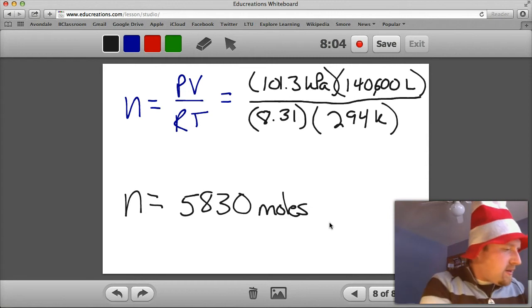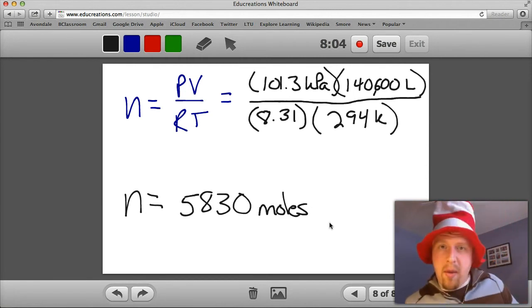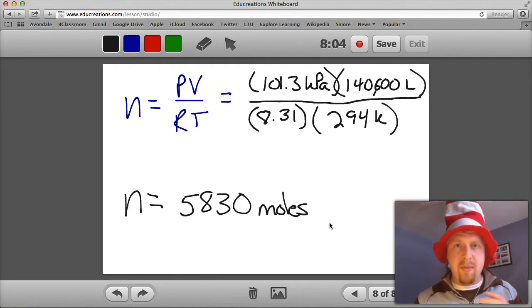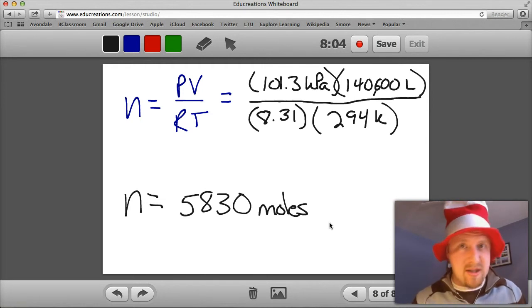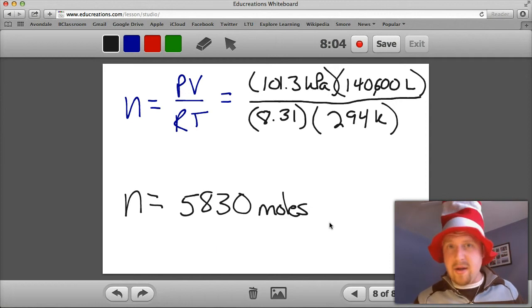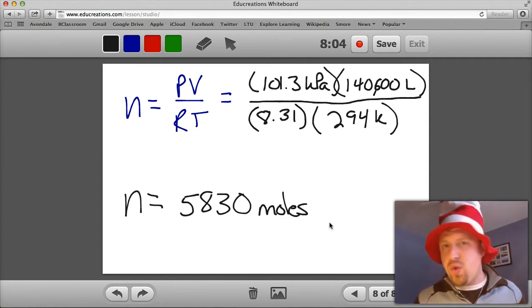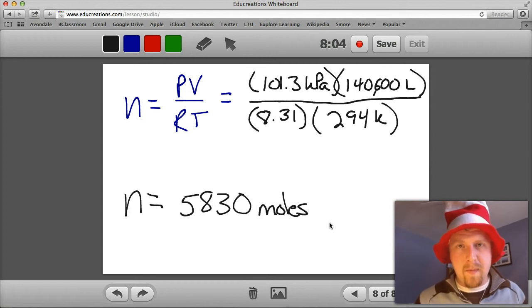One of the cool things about this problem is that it gives you the approximate molar mass of air. Now, you've got to remember, air is comprised of a number of different things: nitrogen, oxygen, argon, CO2, H2O, okay? But the approximate molar mass for air is 29 grams per mole.